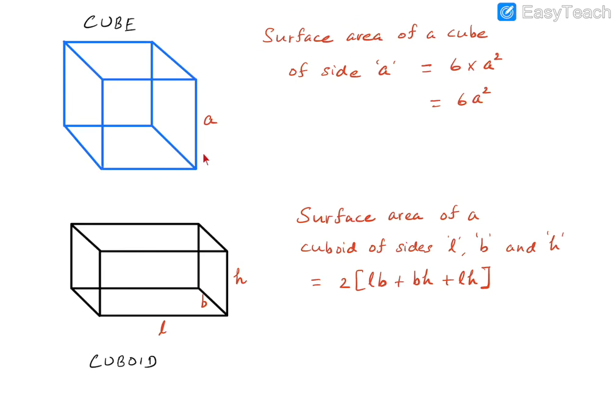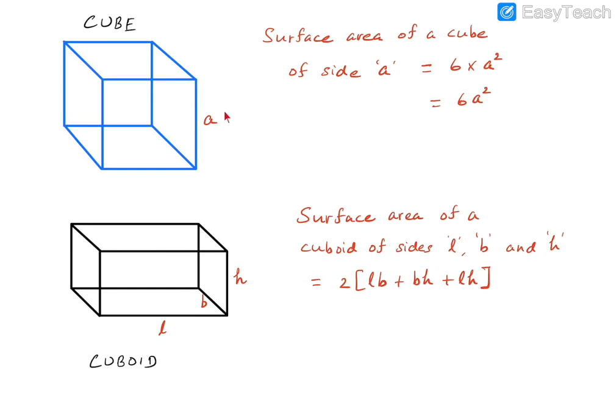A Rubik's cube, or a cube in general, has 6 surfaces. The shape of each surface is a square, so the surface area of the cube will be the sum of the areas of the 6 surfaces present on its exterior.